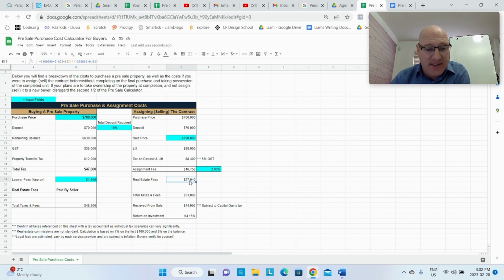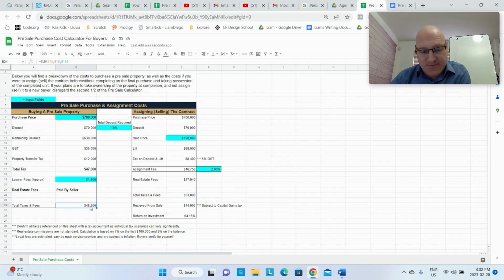So you've got your real estate fees calculated in, and then your total taxes and fees. The total taxes and fees includes tax on the deposit and lift, the assignment fee, as well as the real estate fees. So what you'll find is that the total taxes and fees for selling it are often similar to what you have for buying it.